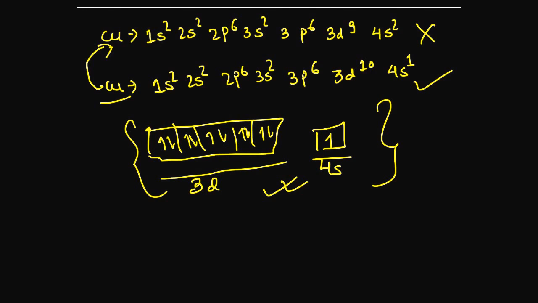Now let's move on to the shape of s and p orbitals. I have told you earlier, the case of orbitals is not very definitive because orbitals do not exist. They are just an imaginary region.